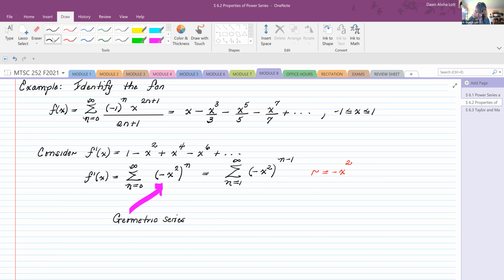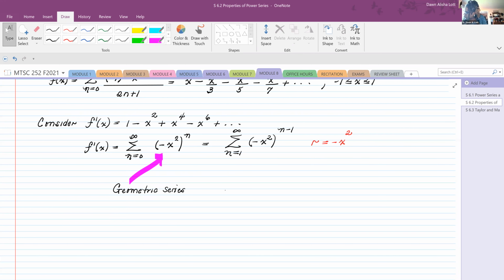I also know this geometric series converges only if the absolute value of minus x squared is less than 1. So this is only going to converge when the absolute value of x squared is less than 1.